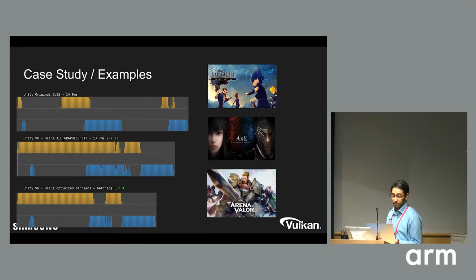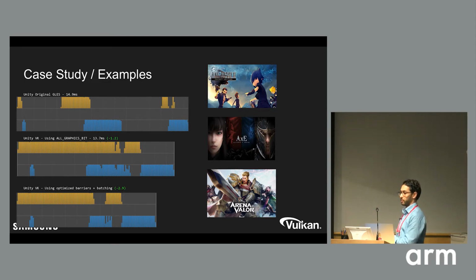Along with working on Unreal, we also worked with Unity 3D and optimized some of their games. Some of the games that use Unity have been Final Fantasy 15, which we went to Japan for, Axe by Nexon, whose studio is based in Korea, and Honor of Kings in Chengdu, China. The original OpenGL ES implementation, based on our capture, was running at 15 milliseconds.